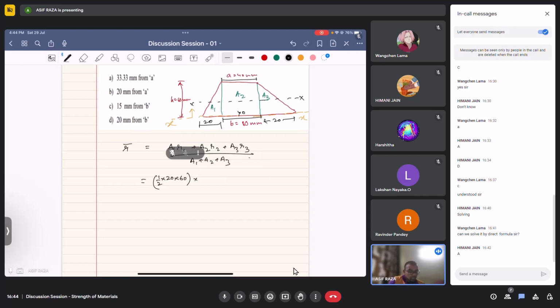Now R1 is the centroid of this triangle from here. From the shorter base, it's h by 3, one third of the height. So that is one third of 60.